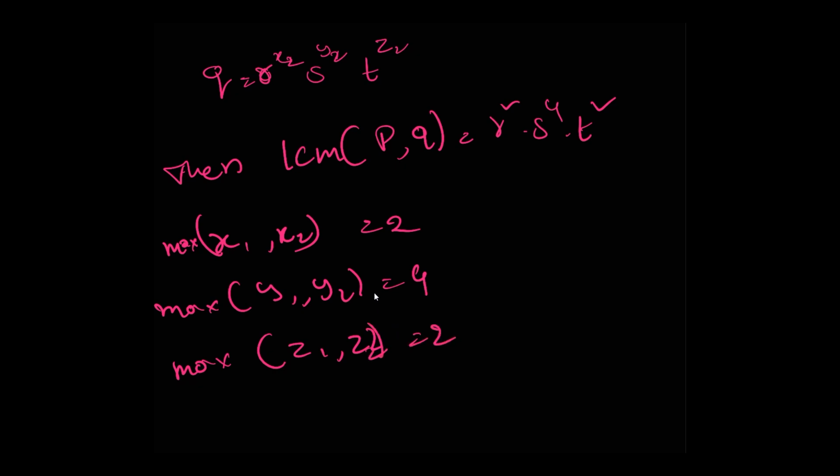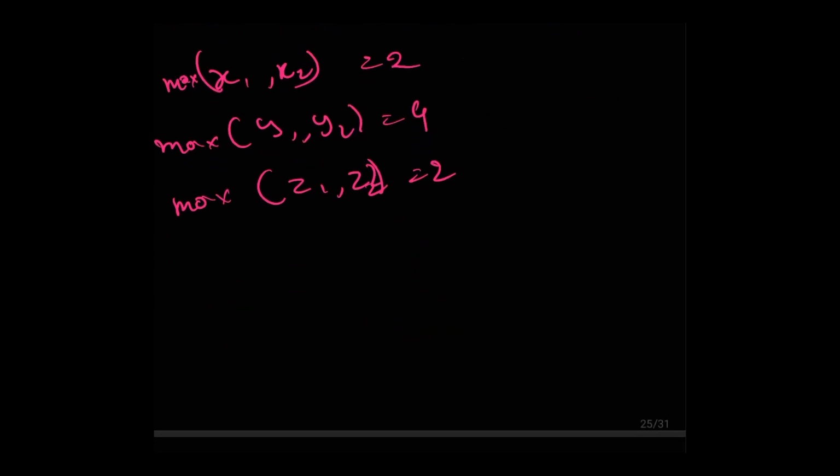Then first, one of them should be at least 2. So from x1 and x2, the number of ways in which we can choose x1 equals 2 or x2 equals 2 will be 2 ways.